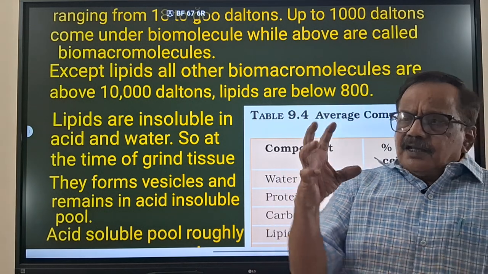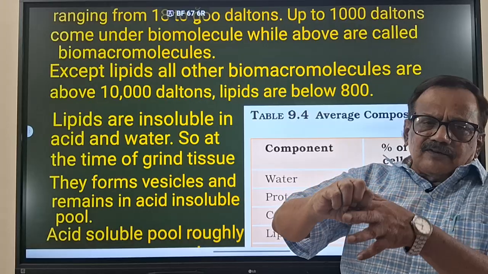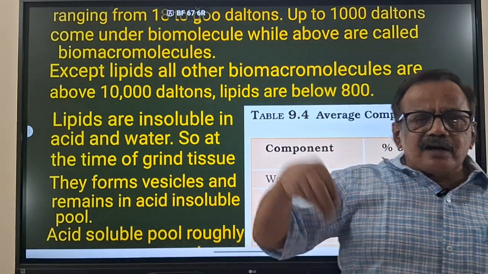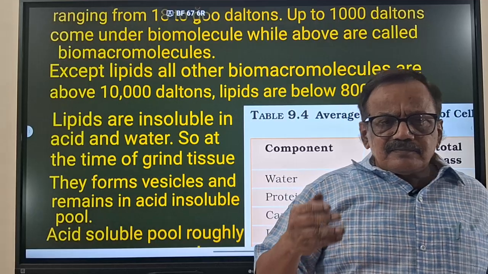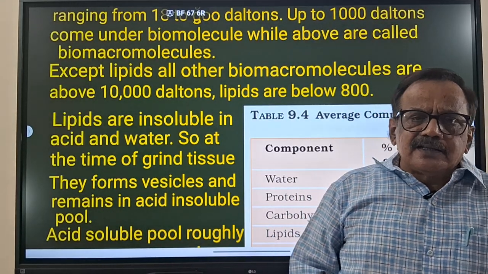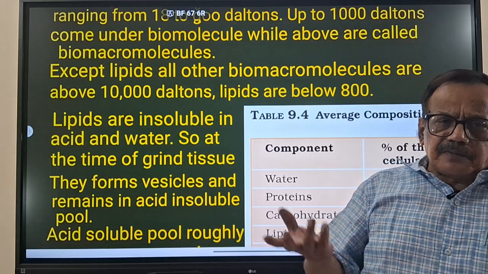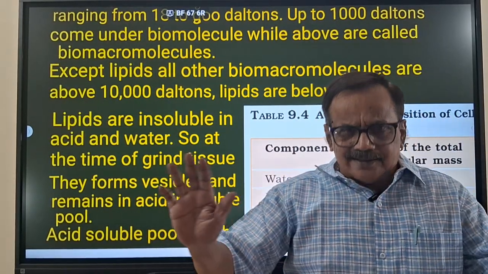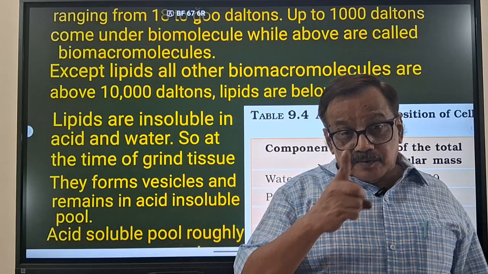Whenever they are ruptured, they contract like this, water is inside, and it becomes a vesicle. These vesicles cannot pass through the cheesecloth filter or the cotton, so they remain in the retentate. That is the reason he has given. Remember the thing.